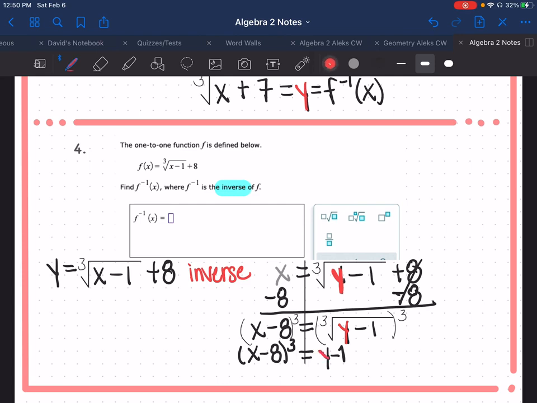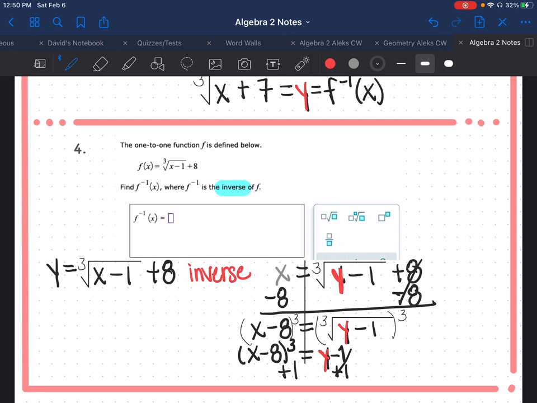Remember, you want to get the y by itself. So we still have to get rid of that minus 1 that's hanging out behind it, but we simply add the 1. Now you cannot add the 1 to the x minus 8 cubed because the 8 is inside the parentheses.